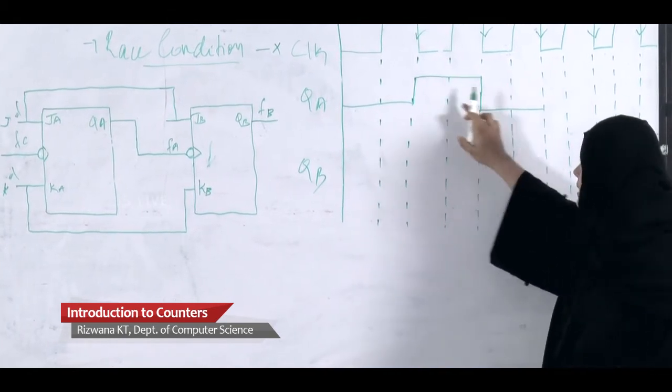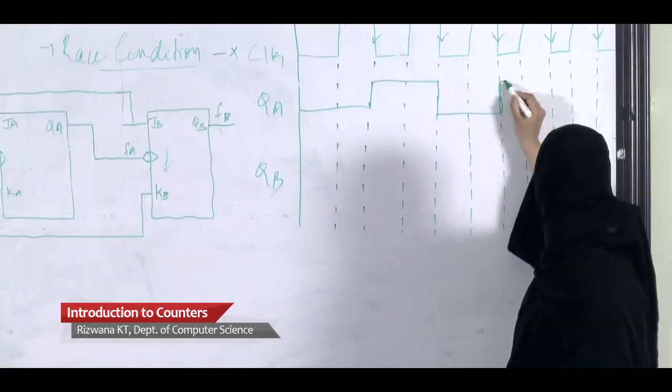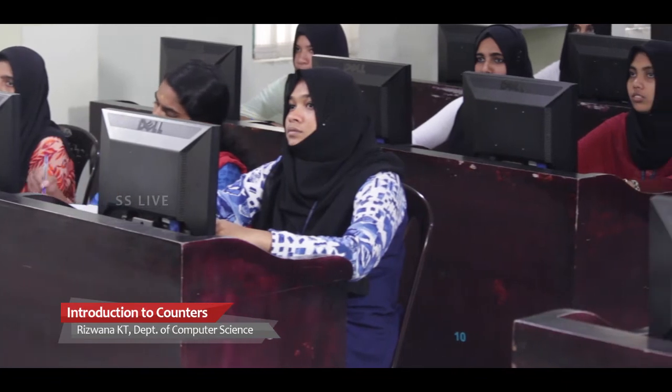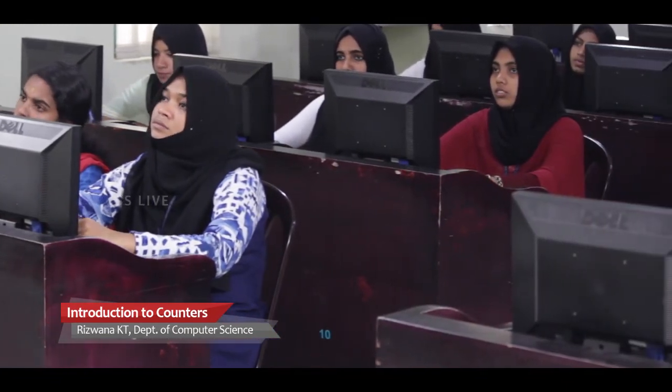Here it is 1 and here it is 0. Again in the next falling edge, it will complete the pattern like this. This is how the output of the first flip-flop looks.